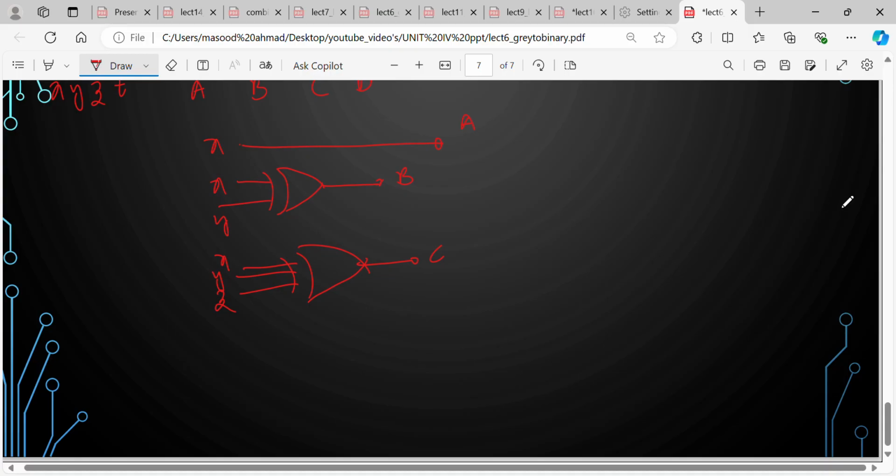You take XYZ, or you can take a 4 input XOR gate, for which the inputs are X, Y, Z, T.